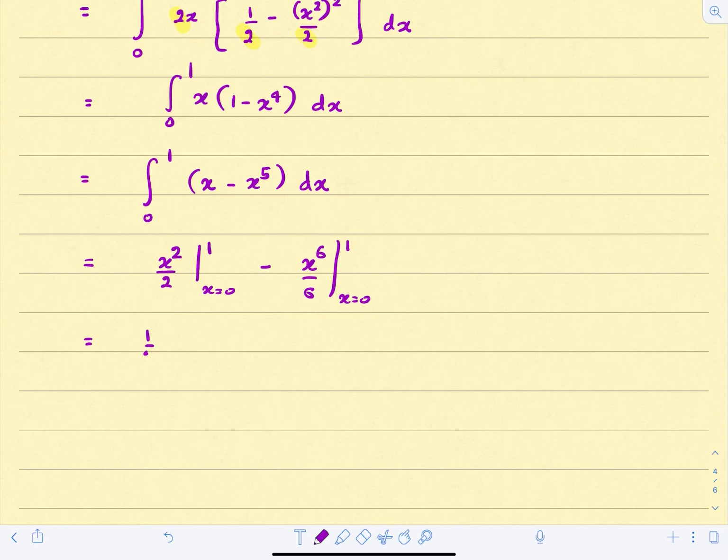We get 1/2 minus the lower limit, which is 0, and then minus 1/6 minus 0.